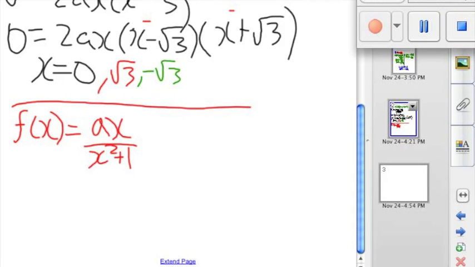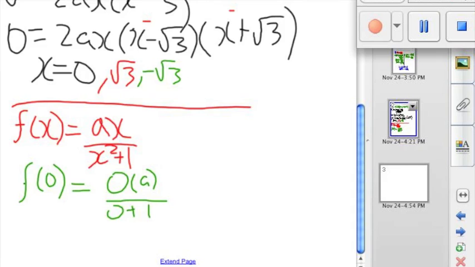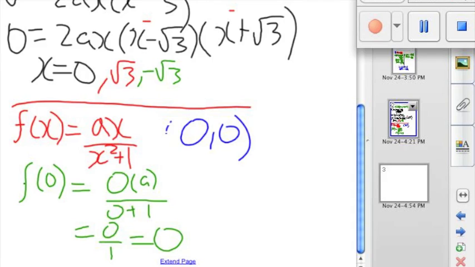We're going to start with f of 0 equals 0 times a over 0 plus 1. That's going to simply equal 0 over 1, which equals 0. So we know that the first point of inflection is 0, 0. So that's number 1.